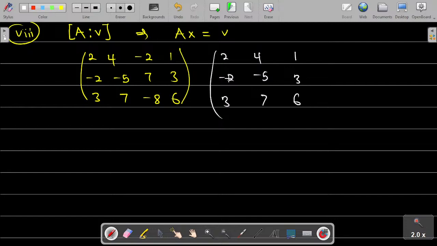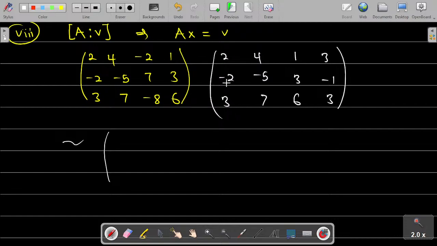And what is our V? Our V is 3, minus 1, and 3. So we will try to reduce this and see if we are going to get a value for the vector x. So let's try to do our reduction. What's that going to give us?